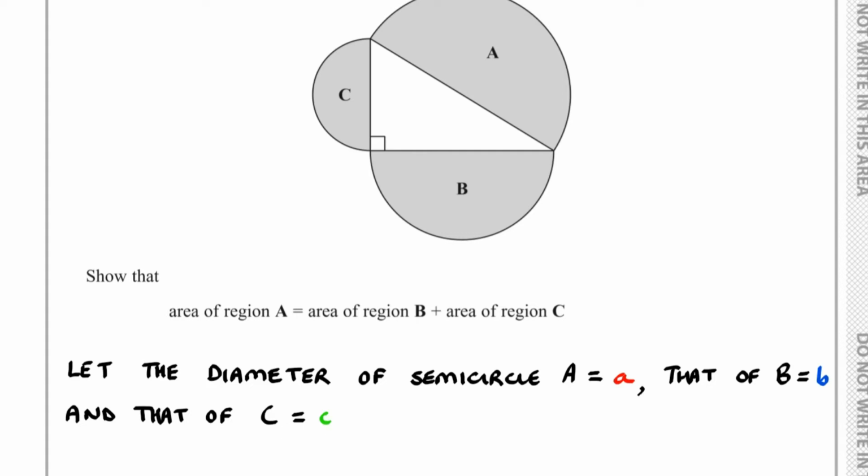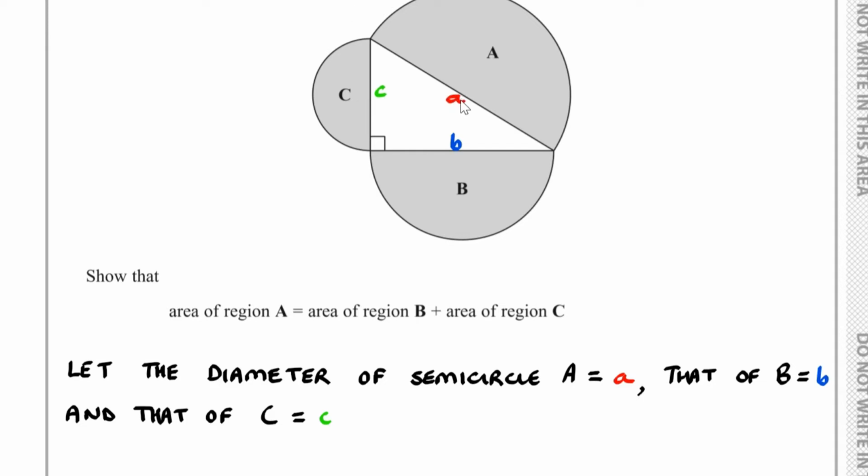So if I add these to the diagram, then here I've got a as my diameter, I've got b here as my diameter, and here I've got c as my diameter. And what we need to do is find out the areas of A, B and C.